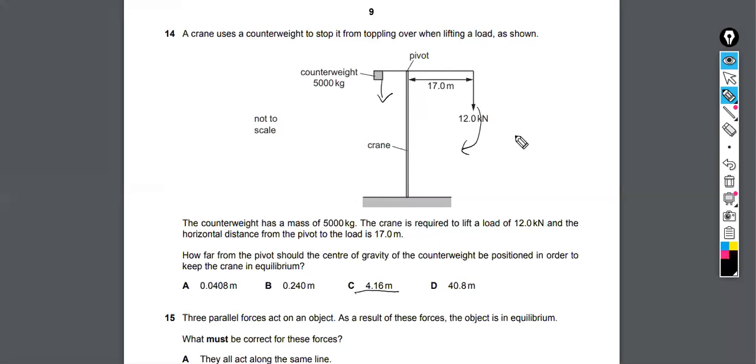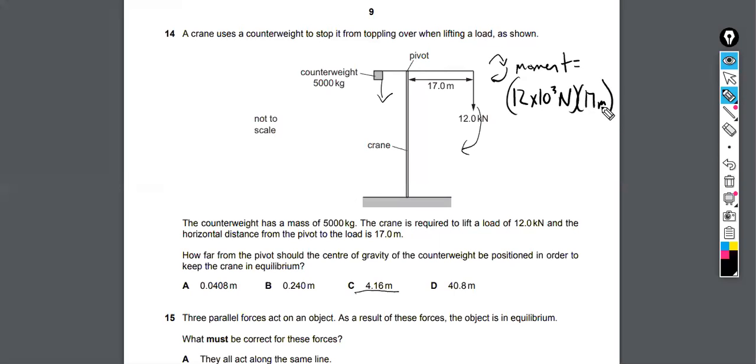So the formal way to approach the calculation is to say we have a clockwise moment equal to 12 kilonewtons. So remember yesterday, knowing that kilo means 10 to the 3 makes short work of the conversions. Times 17 meters.